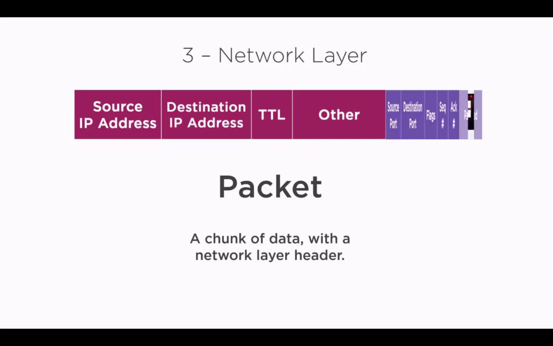The network layer header is also called the IP header because it contains the source IP address and destination IP address. I will describe these header types in detail in upcoming videos. But for now, know what a packet is. Data at layer 3 is called a packet, but data at layer 4 is called a segment.